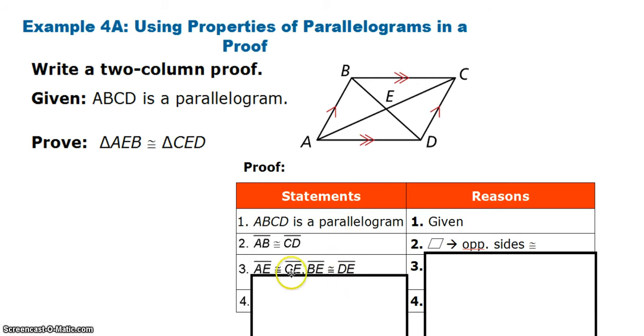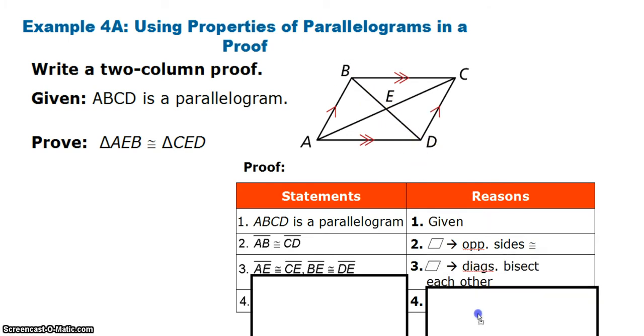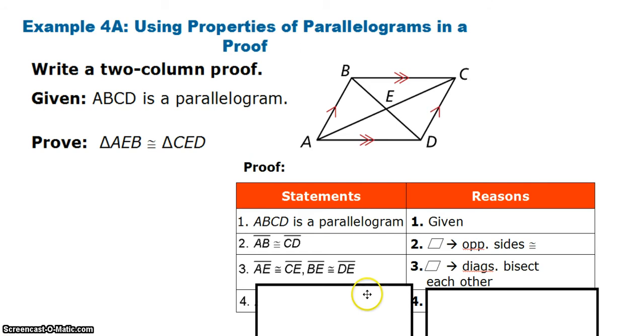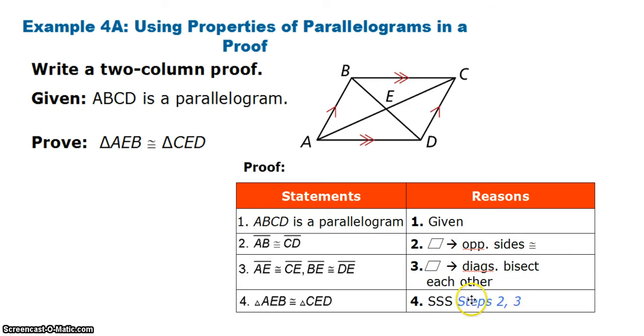And so they say AE is congruent to CE, also BE is congruent to DE, and all for the same reason, that diagonals bisect each other. Good. And so we actually have 3 known sides, don't we? We have AE congruent to CE, we have BE congruent to DE, and we have the final side, AB congruent to CD. So by side, side, side, we know that these 2 triangles are congruent.